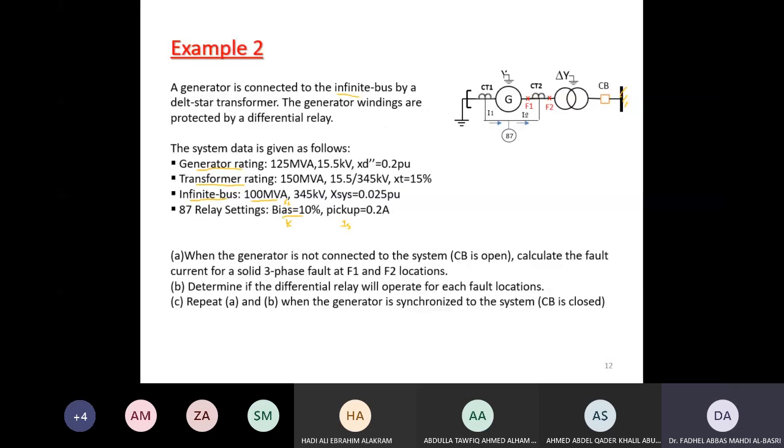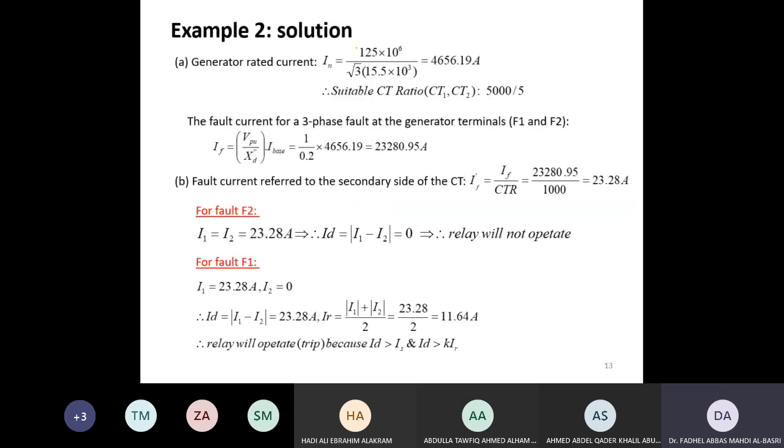Now, the CT ratio is not given to me, so I will choose the CT1 and CT2 ratio first. I need to know the rated current, which is the MVA rating of the generator over √3 times the line-to-line voltage.